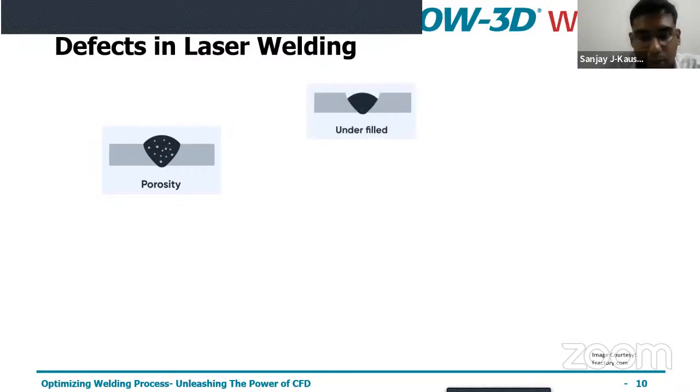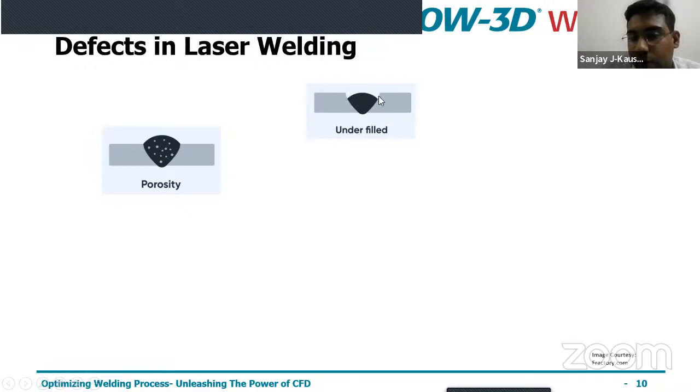Then we have the underfilled defect. When you have two workpieces that have to be melted and joined, because of a limited amount of metal, it forms an underfill.